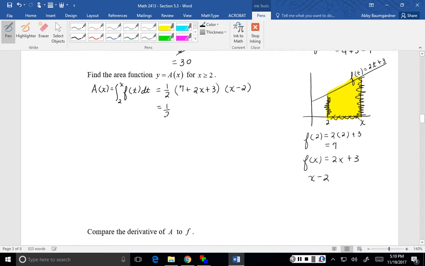Okay, so we got 1/2 times 2x plus 10. Okay, let's distribute this 1/2 to each piece. And then we can FOIL this.